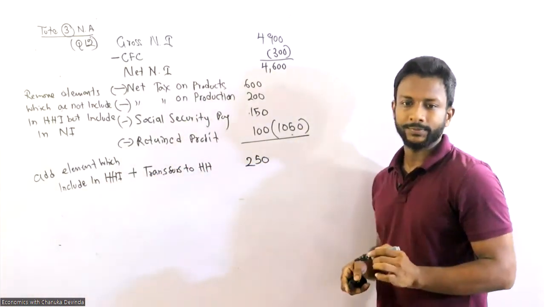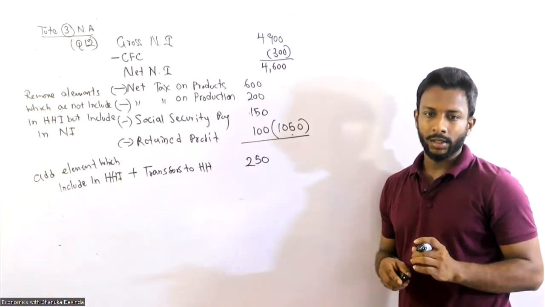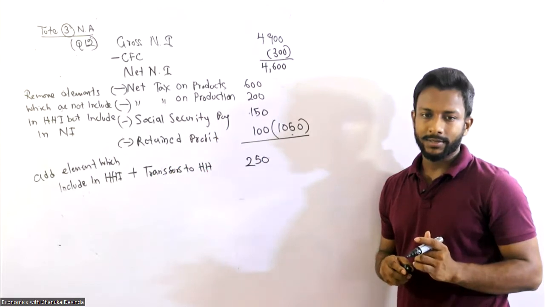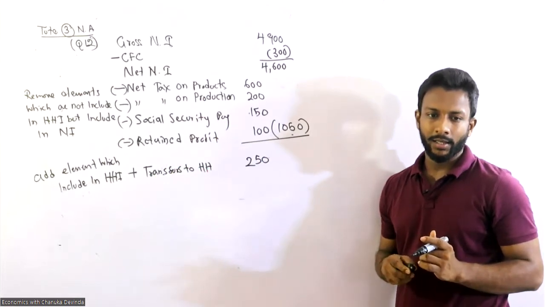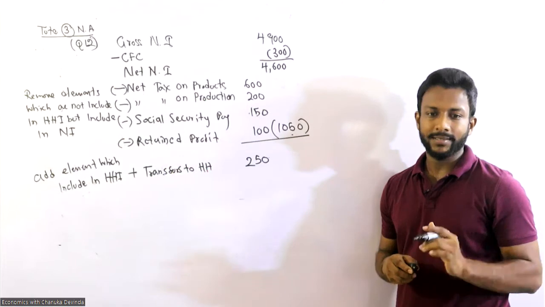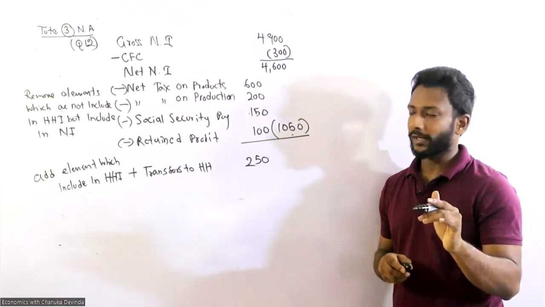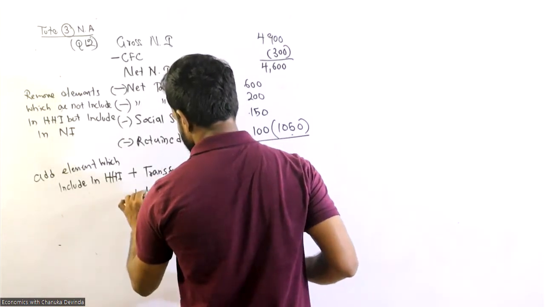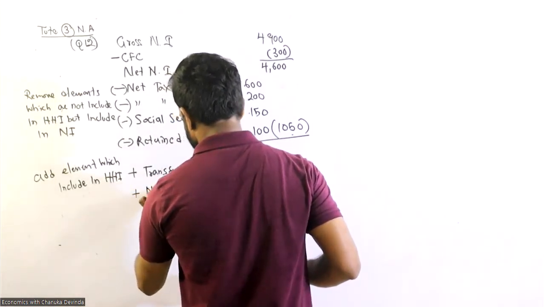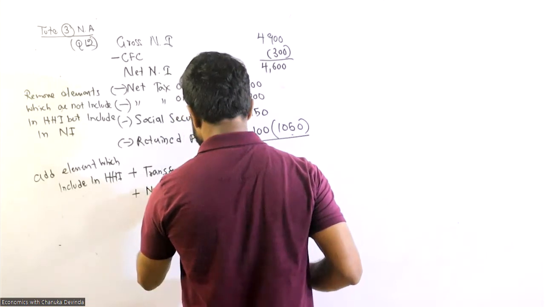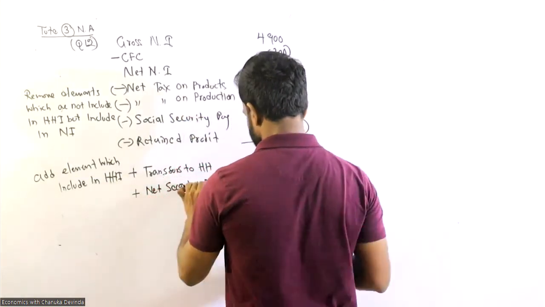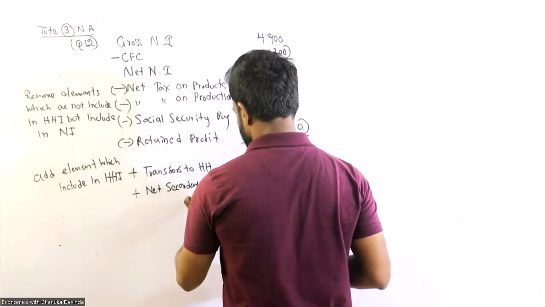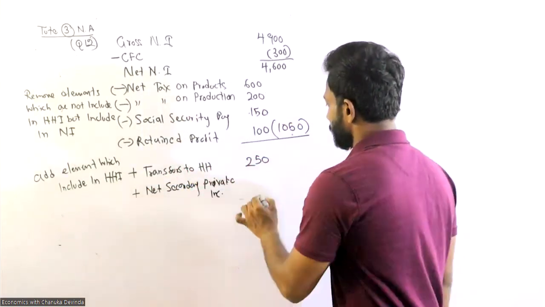What else? Net secondary income, they are including 200 private income. Private income should be there. Private transfers. Net secondary private income is 200.